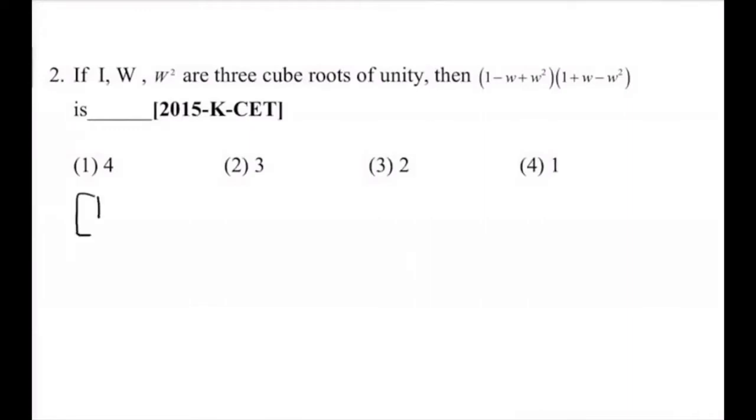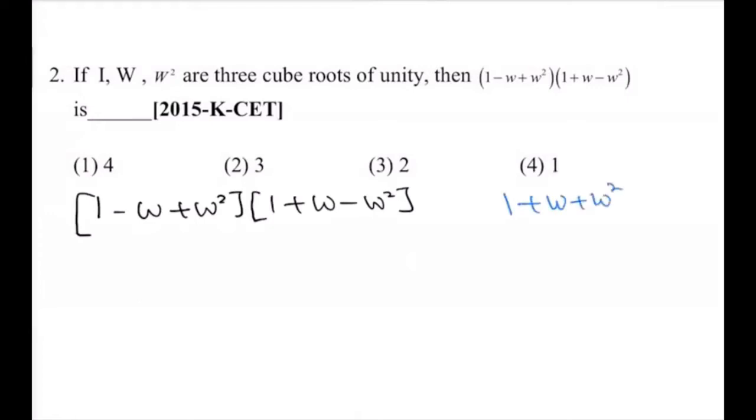Now, 1 minus omega plus omega square into 1 plus omega minus omega square. Since 1 plus omega plus omega square is 0, 1 plus omega square will be minus omega and 1 plus omega will be minus omega square.